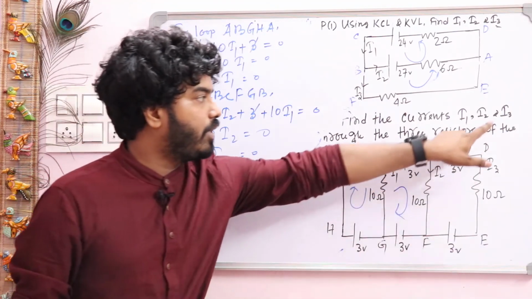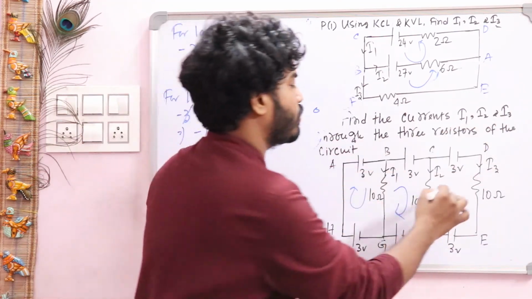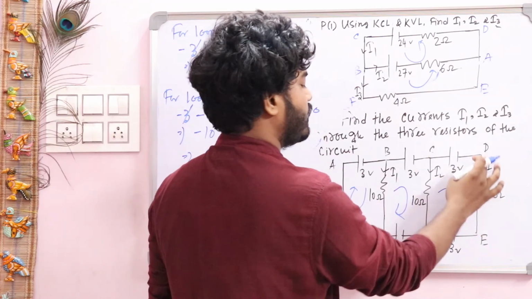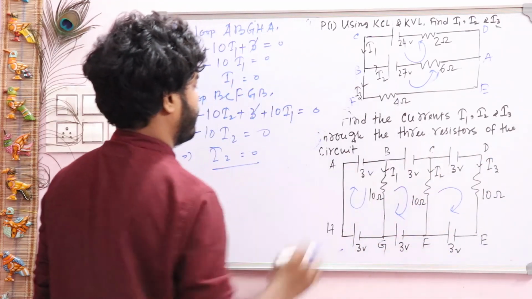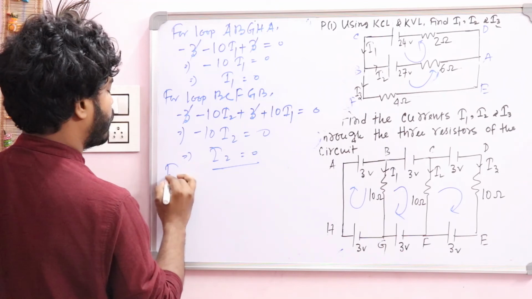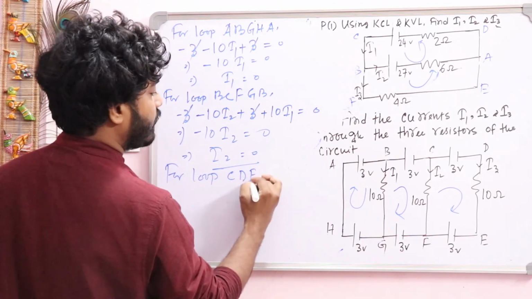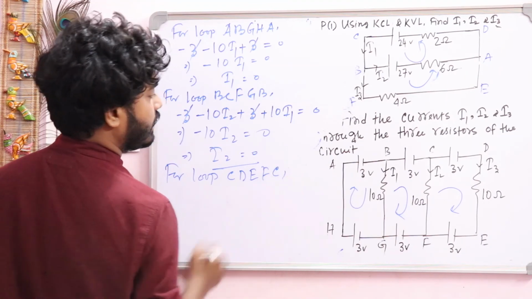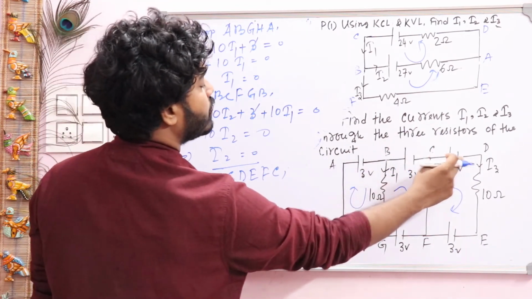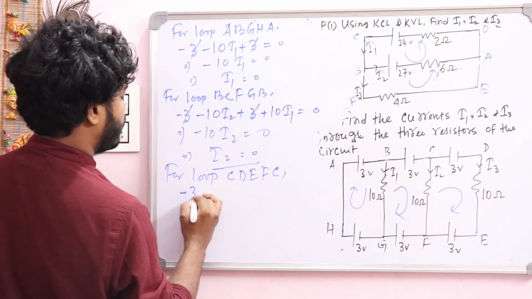Now you have to find out the value of I3. You just consider this loop, C D E F C. Write it down. For loop C D E F C, C to D, positive to negative, that is -3.